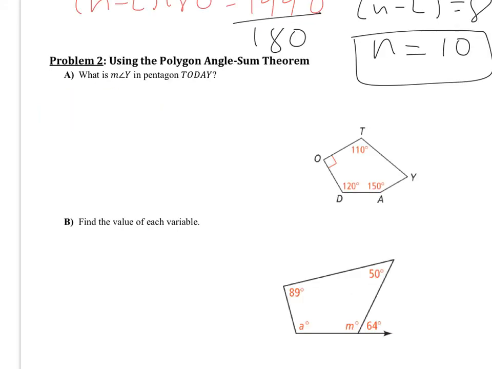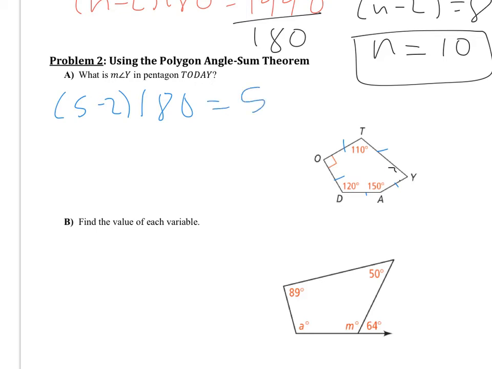So what if I give you a shape, like today, and I'm asking for what is angle Y? With triangles it's easy because I know that all the angles in a triangle equal 180. Sometimes people are good at memorizing all the angles in a quadrilateral all equal to 360. However, in this case I have 1, 2, 3, 4, 5 sides. I want to figure out my total interior sum first, using that equation that we just went over.